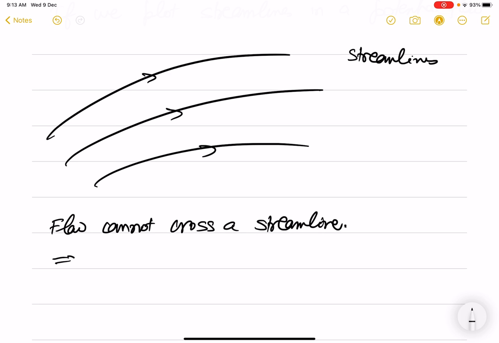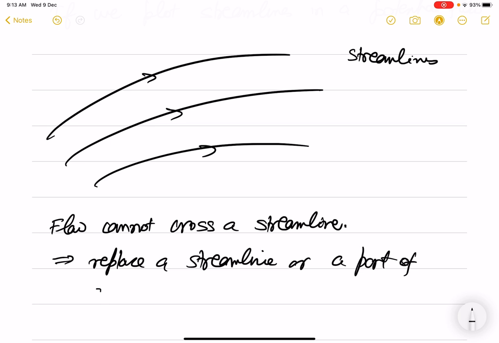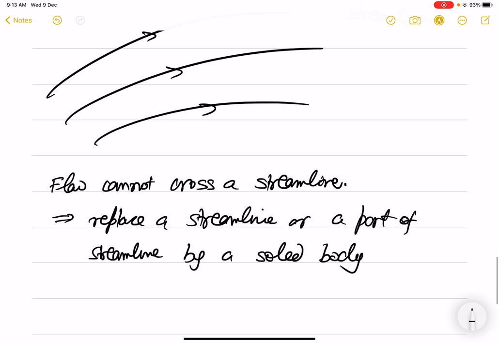So this means that we can replace a streamline or a part of a streamline by a solid body.